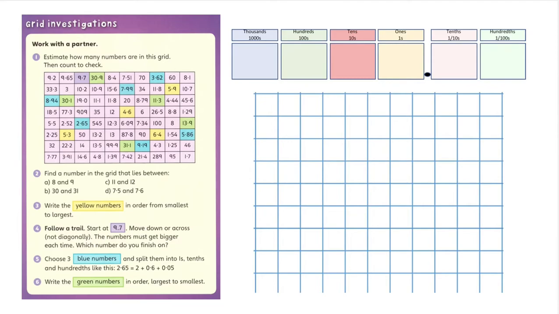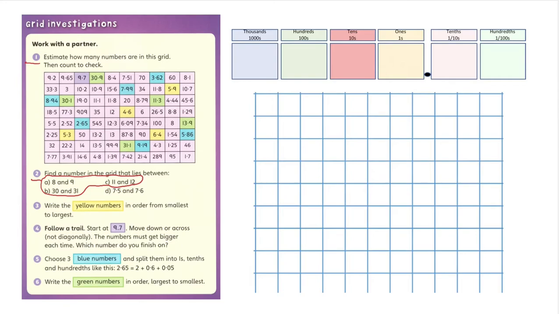Now, that's number one. Number two, find a number that lies between 8 and 9, or 10 and 11, etc, etc. Now, these first three are whole numbers, these are integers. So, if you're looking for something that lies between a number and the next one, it's going to be decimals that you're looking at, whether it's the tenths or the hundredths.